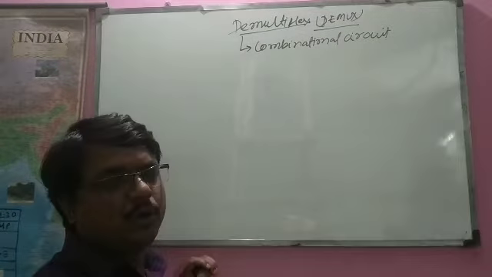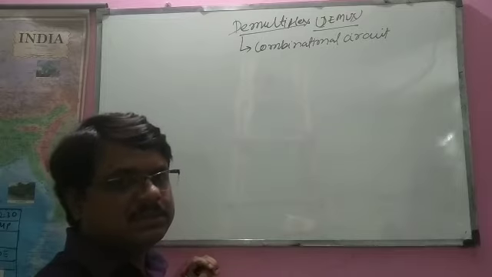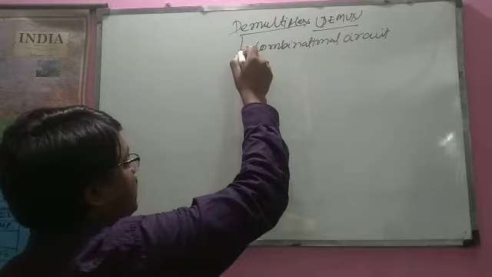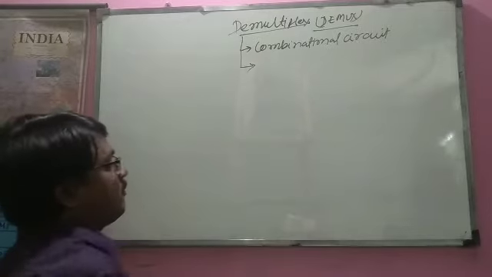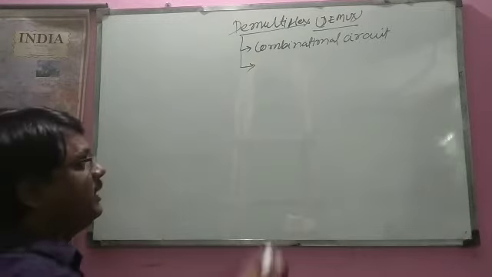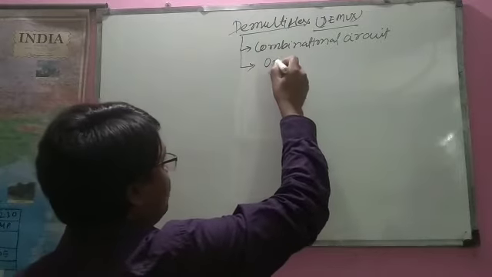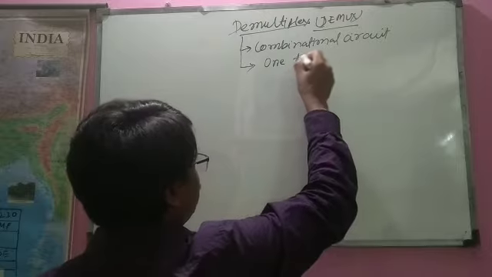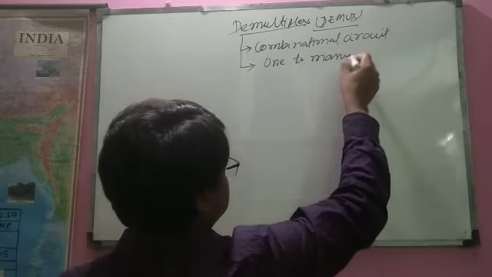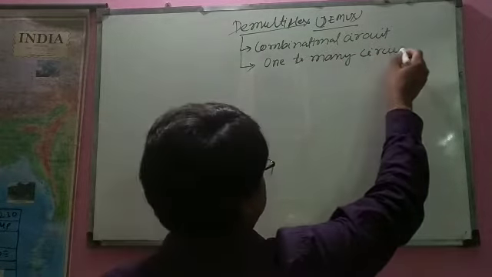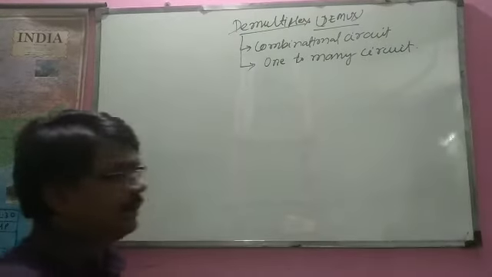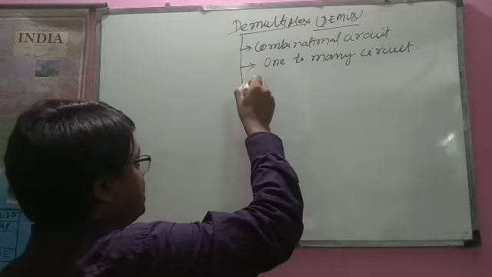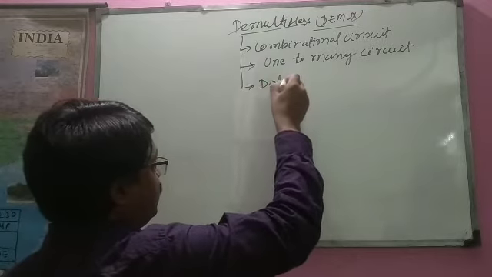Its output will not depend upon the previous inputs. So it has no memory, and it is a one-to-many circuit. This is the reason why it is also known as a data distributor.